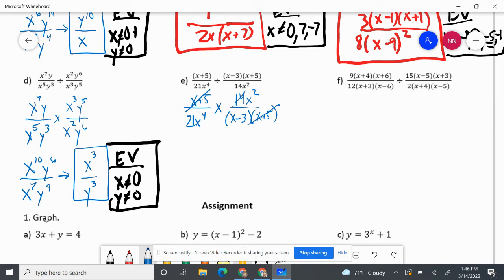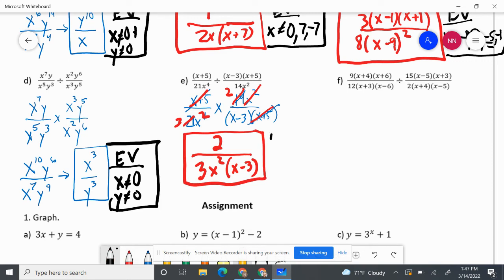We see 14 and 21 both have a 7 in common, so that would be 2/3. And then 2x's and 4x's cancel, and that becomes 2x's. So we have a 2 in the numerator. We have a 3x squared in the denominator, and then we have an x minus 3.